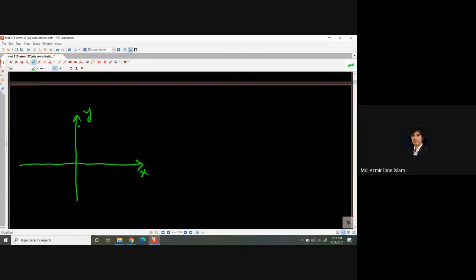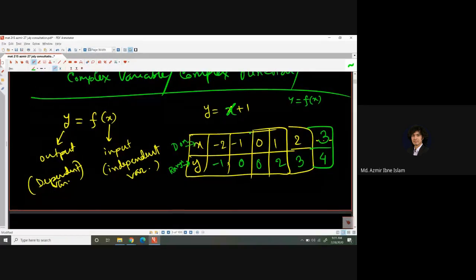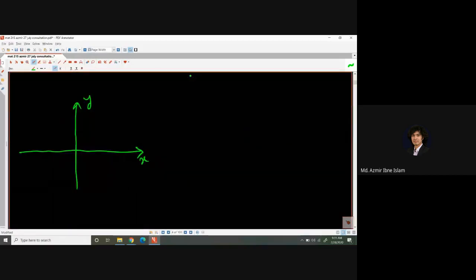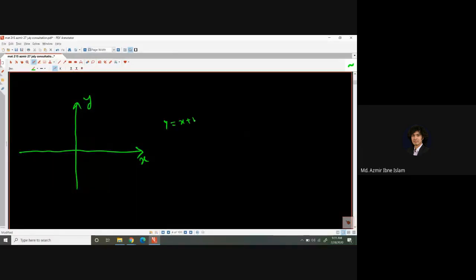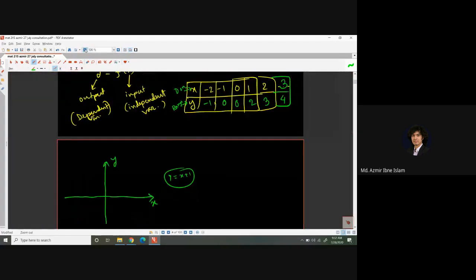Here we have taken the function y equal to x plus 1, so we can easily draw it. At first, figure out the domain. In the domain we have taken -2, -1, 0, 1, and 2.